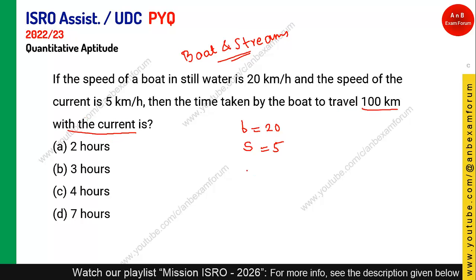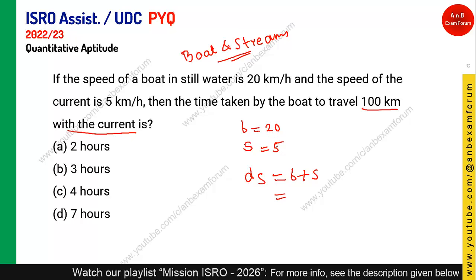With the current, as you know, it is downstream, and downstream is b plus s. I'm not going into detail why it is b plus s or b minus s. I know all of you know this chapter, so I'm going to solve it as quickly as possible.